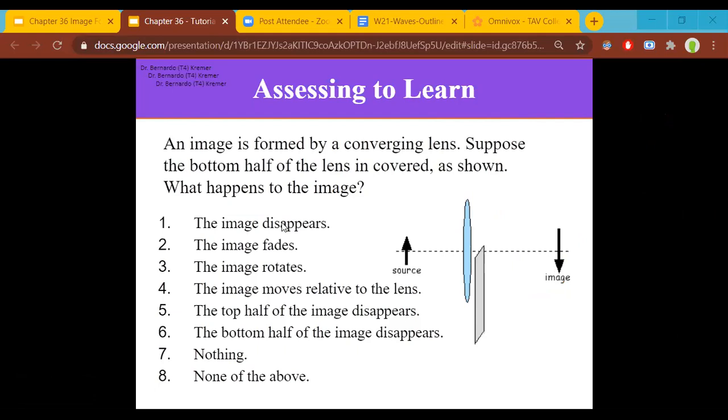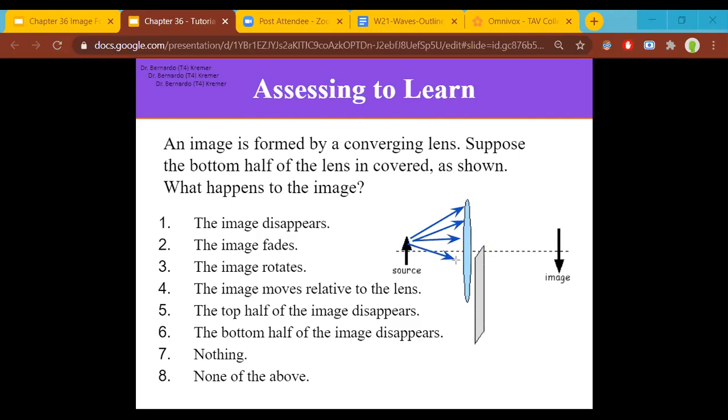If you think about it, the light beams kind of come from the object in all directions. So if you block half the lens, the image still gets to form, right? Because light beams are coming from everywhere.